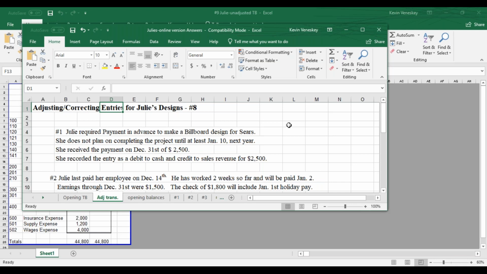But I will help us through on number 1 and number 8. You should have already watched the video on the correcting entries and how we need to do 2 sets of entries. We need to have an undo entry to undo the wrong item, and then do a correct entry as our second entry to do what should have been done.